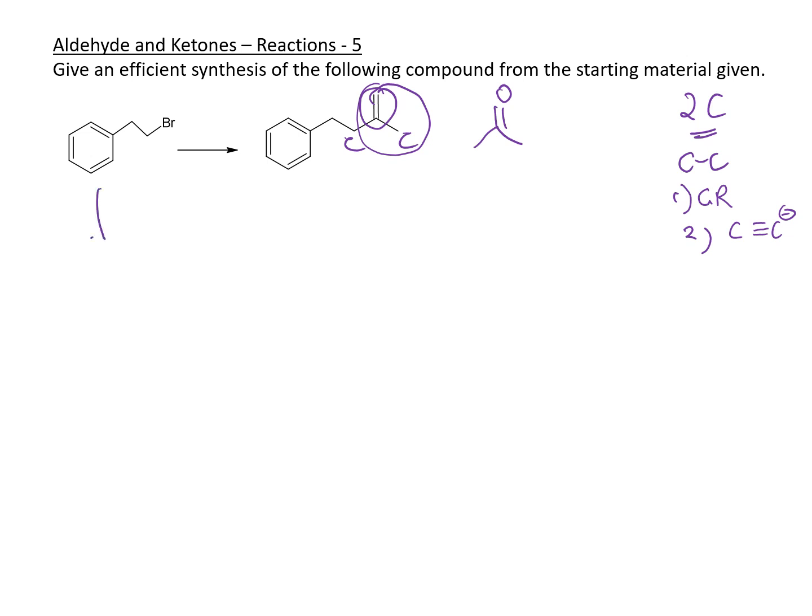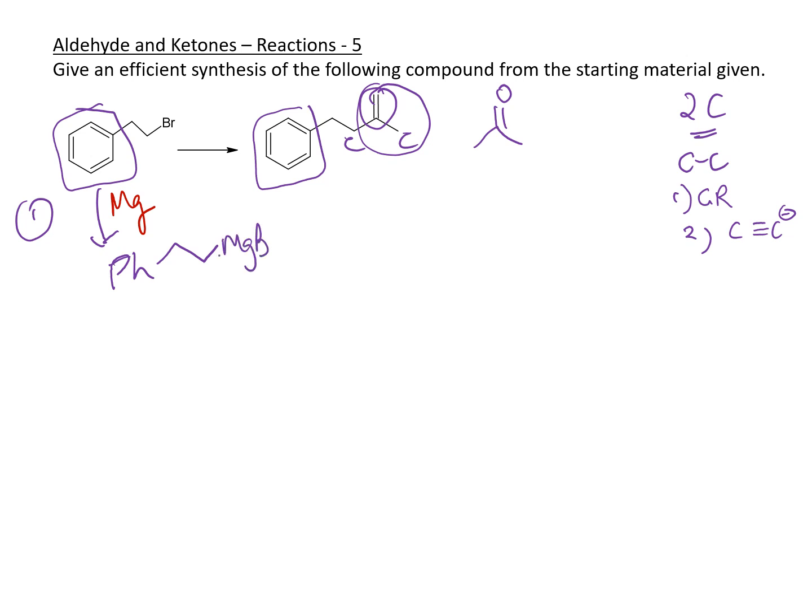The first synthesis that I want to do is go ahead and make the Grignard. By the way, you can see that the benzene ring is not doing anything, so I'm not going to draw it. I'm just going to write Ph for that. And then here, I'm going to go ahead and add magnesium. So now we're going to have 2 carbons and then MgBr over here.